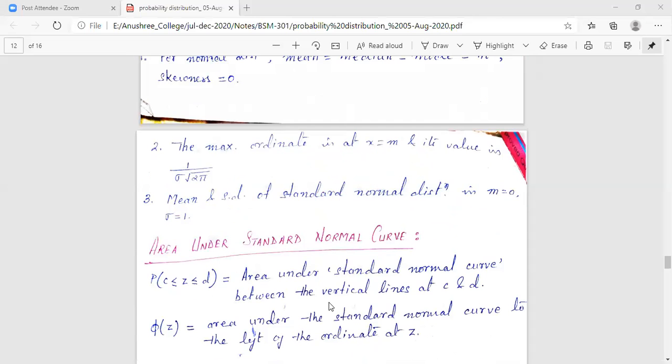What it is, let's see on our whiteboard. In normal distribution, if we require to find the probability that C less than or equal to z less than or equal to D, where C and D are any two constant quantities, 1, 2, 3, 4, 5, 1.5, like this.